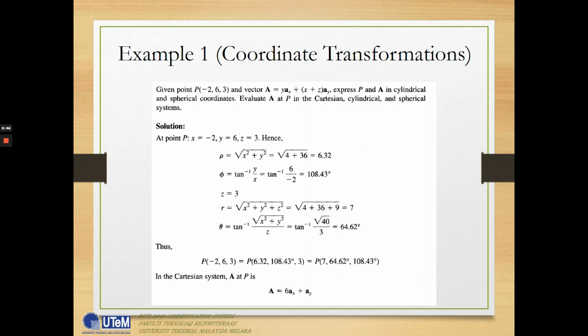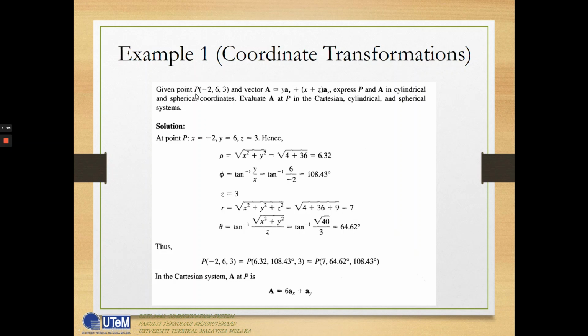So let's see what is given here. This is one example from the Sadiku book. A point is given here, and we know this point is in rectangular coordinates because these are all values and there is no angle involved.